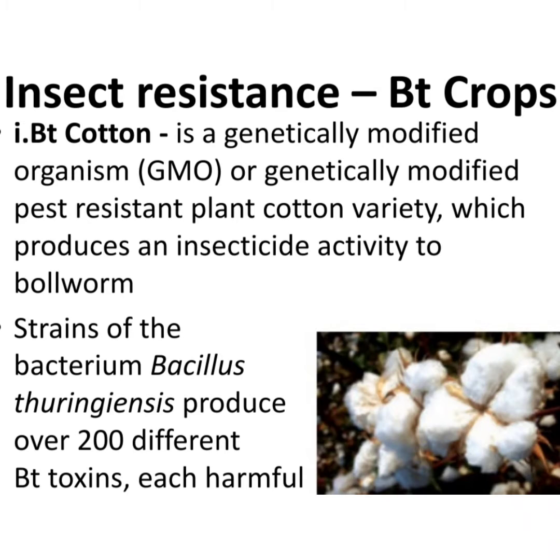It is a genetically modified pest resistant cotton variety which produces insecticidal activity against bollworm. Strains of the bacterium Bacillus thuringiensis produce over 200 different BT toxins, each harmful.